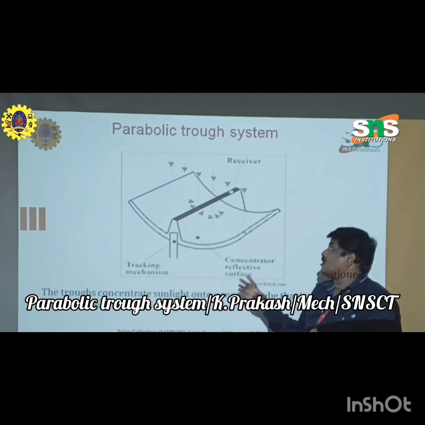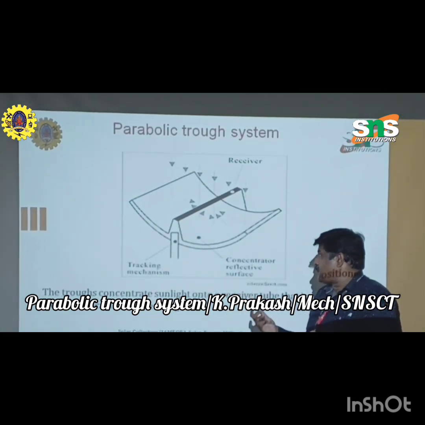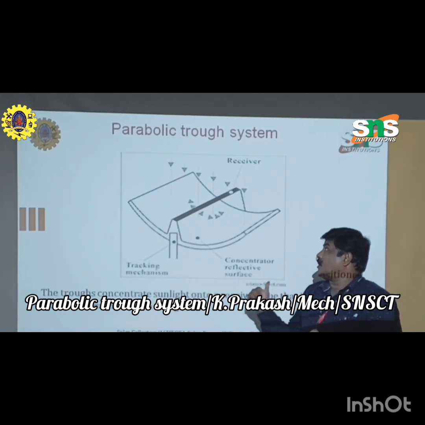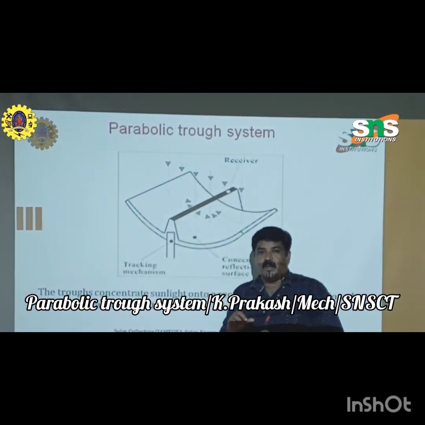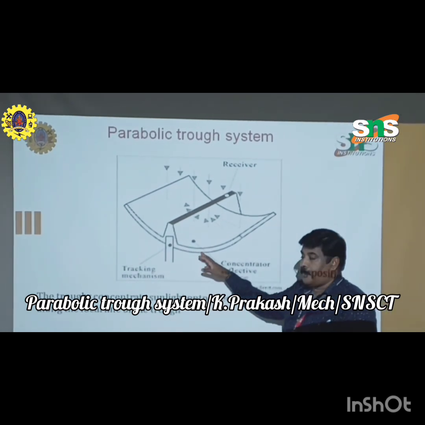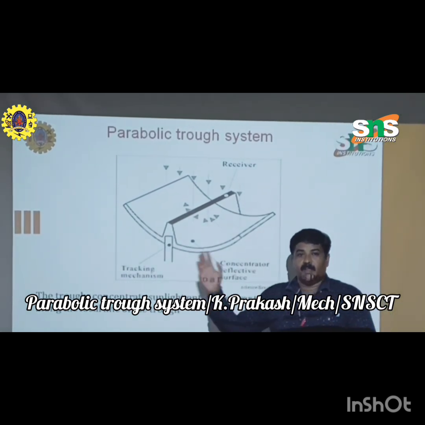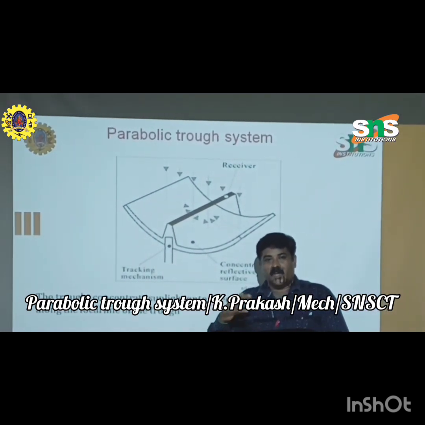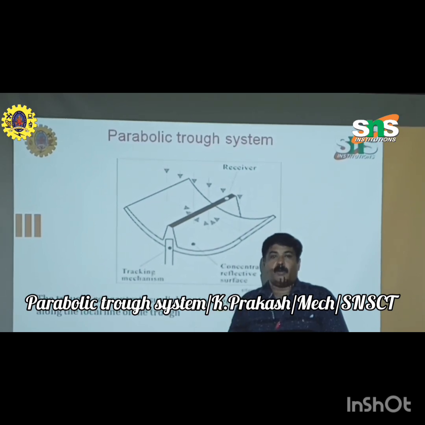This is the parabolic trough system. What is its advantage? Another important thing to note is that the parabolic trough can be extended to a required length, and we can also increase the number of parabolic troughs.